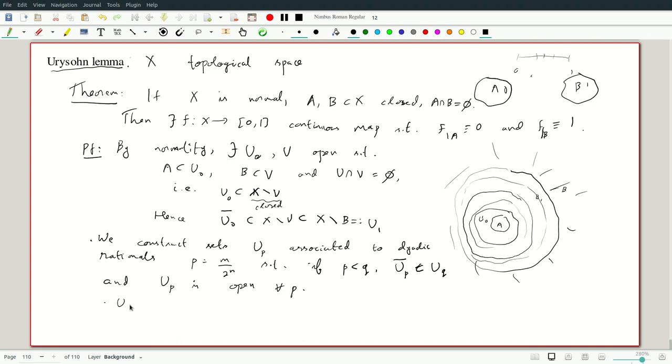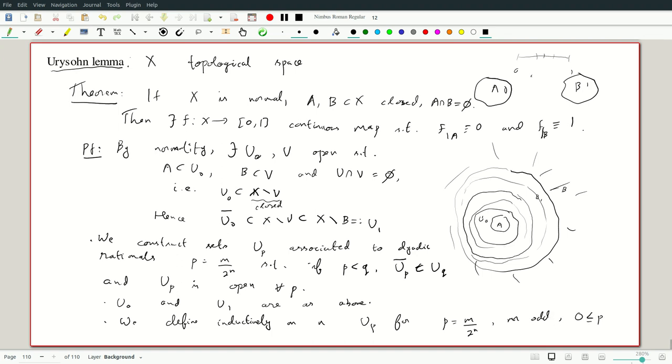Okay, we'll really construct them. So U0 and U1 are as above, and they satisfy the key conditions. Now we define, inductively on n, U_p for p equal to m over 2 to the n, where m is odd and 0 is less than or equal to p is less than or equal to 1.